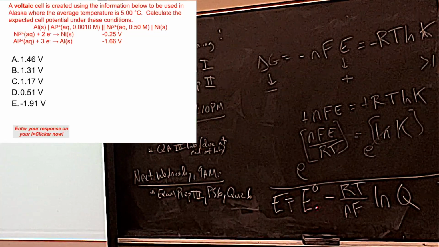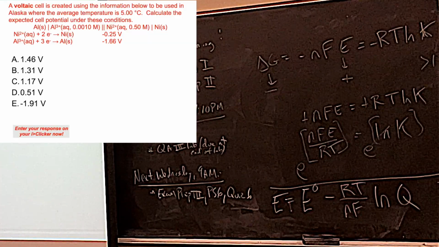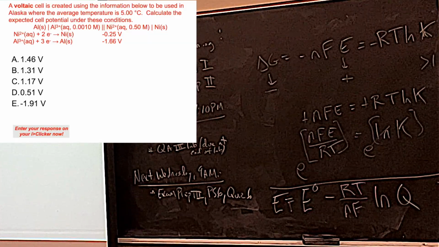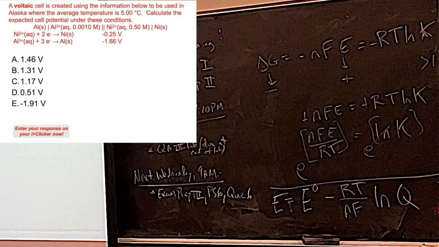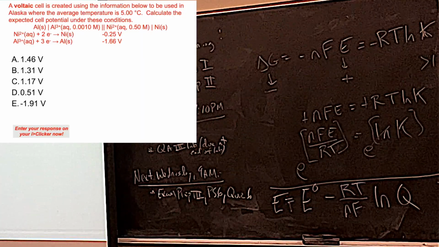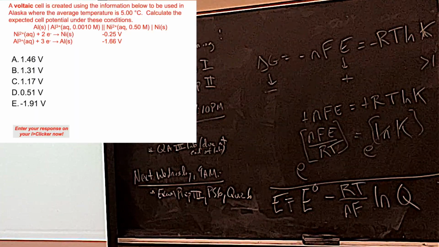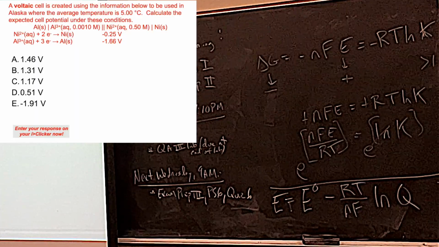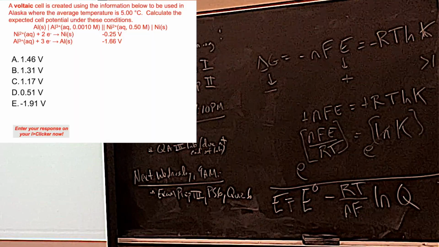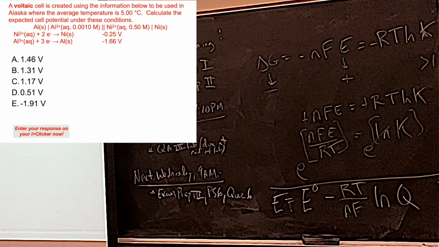That's going to be E0. R, T, N, F are mostly constants, but remember temperature here is 5 Celsius, which would be 278 Kelvin. Q will be products over reactants. And you can use the concentrations that are listed there to figure out how this all works out. So see what you can do with this problem. We'll talk about it here in a little bit.